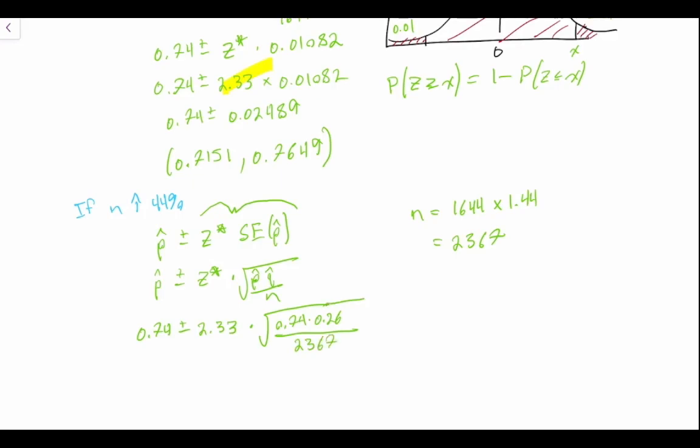So let's go ahead and punch that into our calculator. 0.74 times 0.26 divided by 2,367. Take the square root of that value.